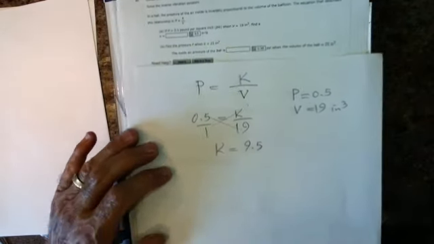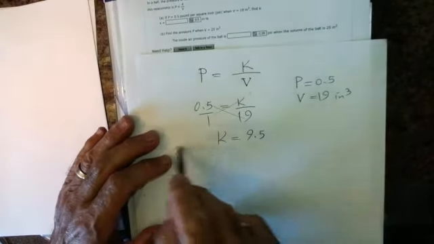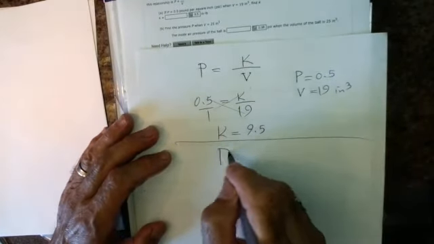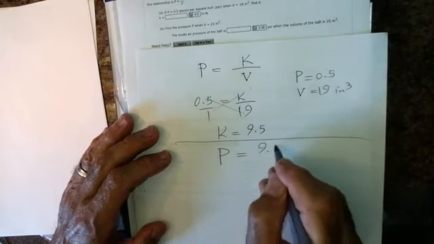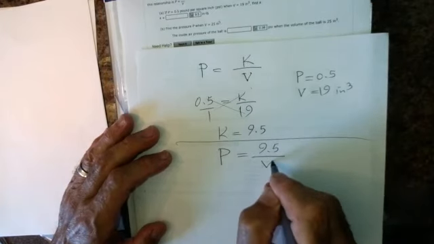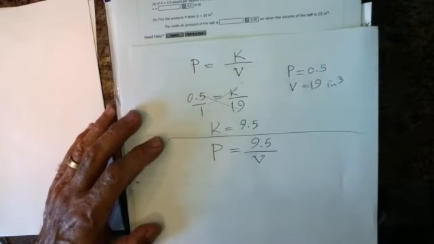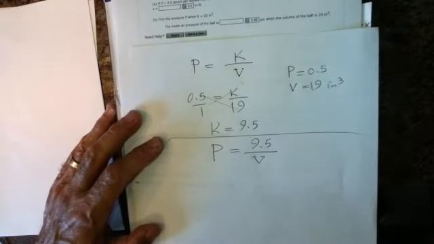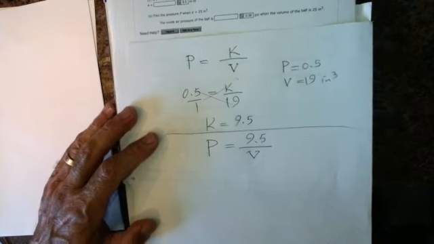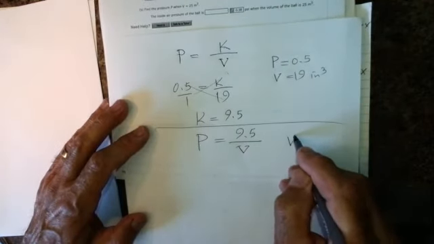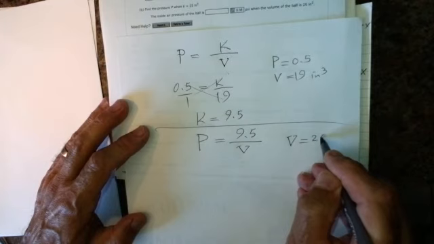And of course, the second part, you have to put that K back in the equation. Now the equation is ready to accept any value for the volume. What if the volume is 25 cubic inches?